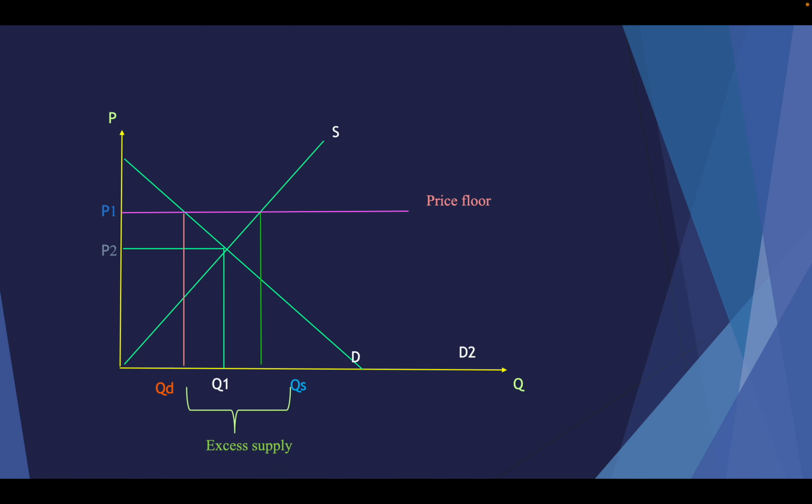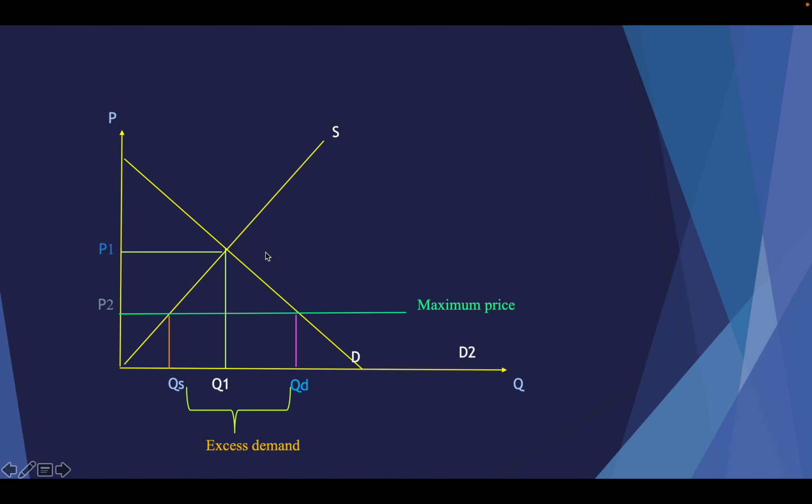As a result, the government sees that and imposes 110 rupees. That means don't reduce the price lower than that, that is the price floor. And here maximum means don't increase the price more than that, that is the condition.